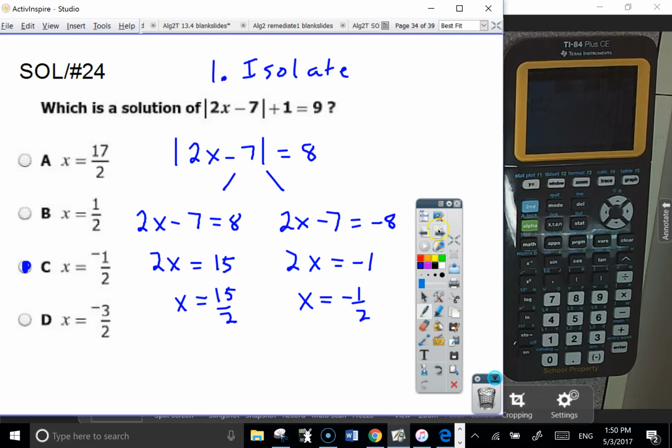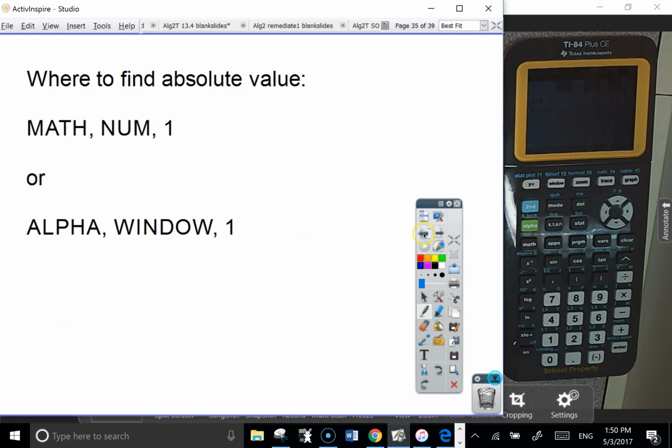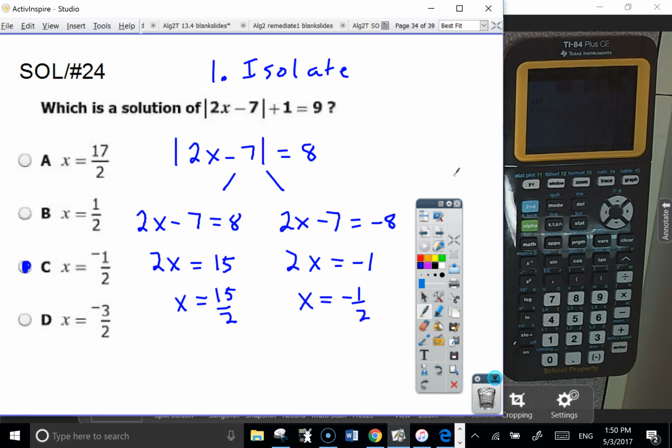Okay, could we use one of our strategies to get this one? Could you back substitute? Sure, it's multiple choice, just plug them in one at a time until you find the one that works. Could you solve it as a system? Okay, if you're going to solve as a system, where do you find absolute value in the calculator?